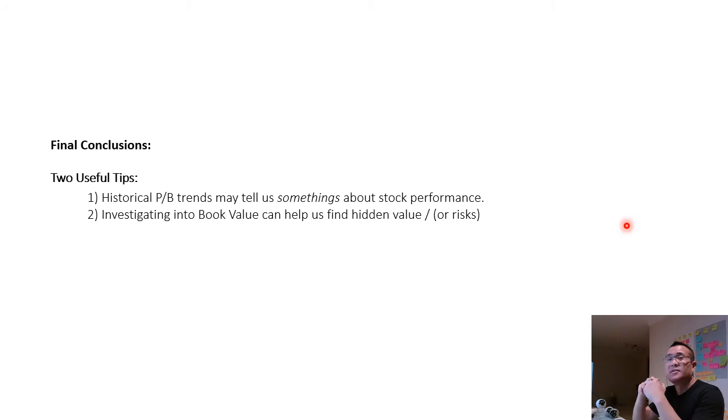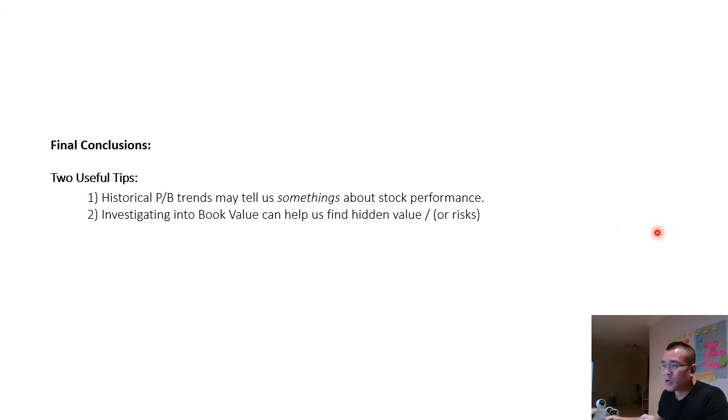Okay, so final conclusions in this whole exercise, two useful tips. One, historical price to book trends may tell us something about the stock performance. We saw how looking at banks and REITs and different companies, different types of asset classes and different types of stocks in different sectors tend to react differently, and even within the same sector, different companies can react differently in terms of their price to book cycles because of individual issues with those companies.